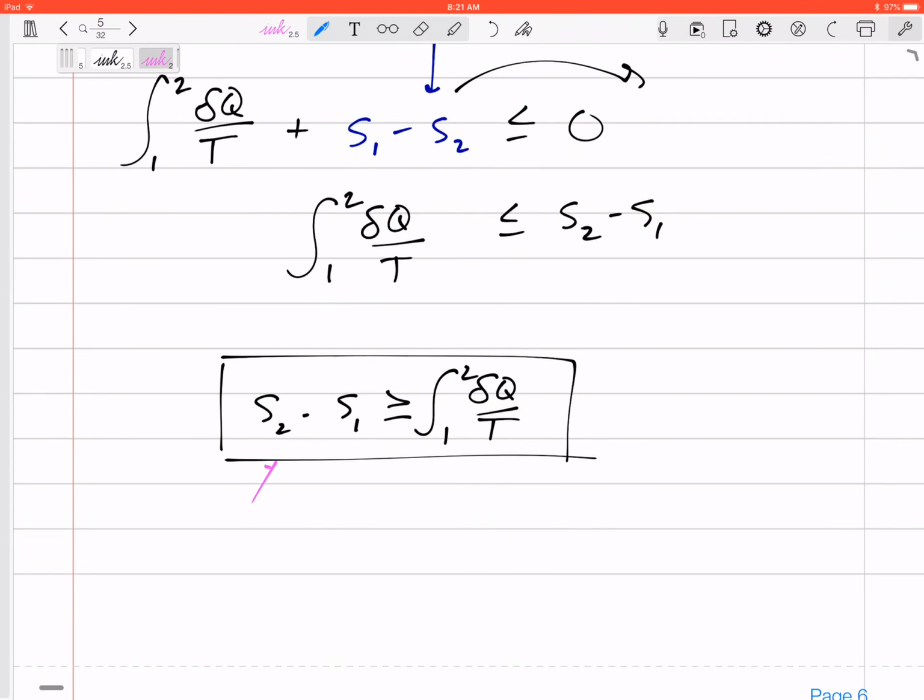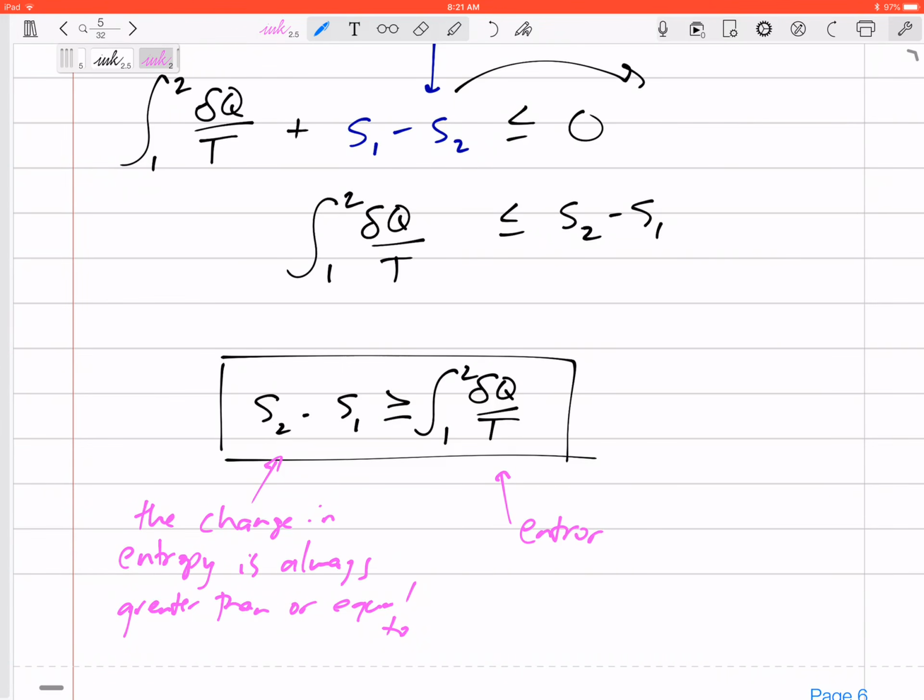Let's write this in words. The change in entropy is always greater than or equal to, all right, and so this integral is the entropy transfer with heat.